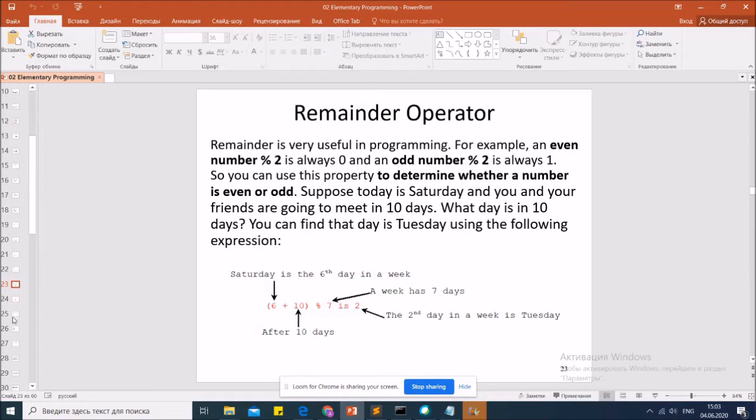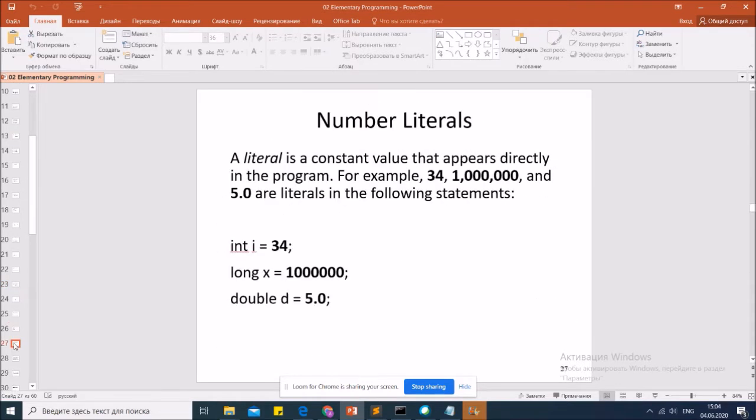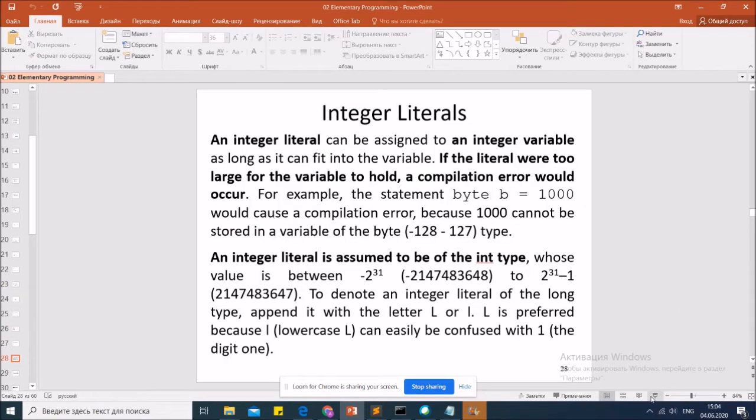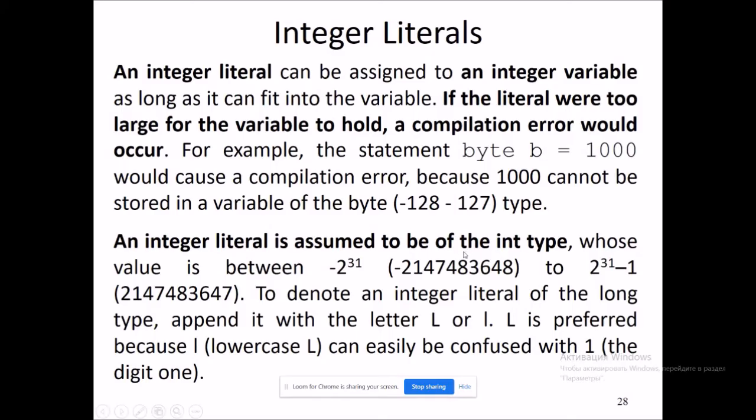Now let us come to where we have stopped. An integer literal is assumed to be of the integer type, whose value is between this number and this number. It means that if you try to write some number that's greater than this one, then you will not be able to enter all of the digits.